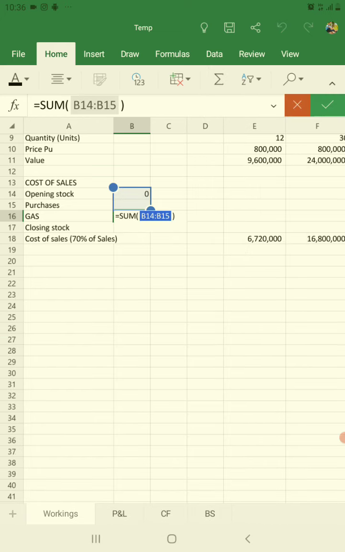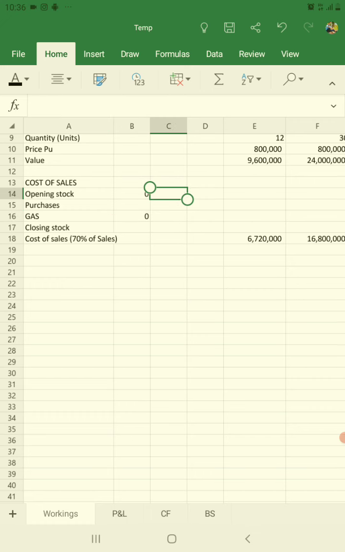So opening stock, add purchases, we get goods available for sales, and then we have closing stock. Closing stock for a previous month is opening stock for the next month.